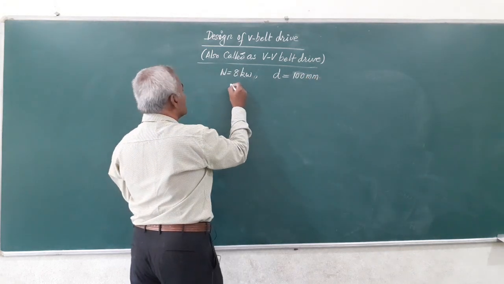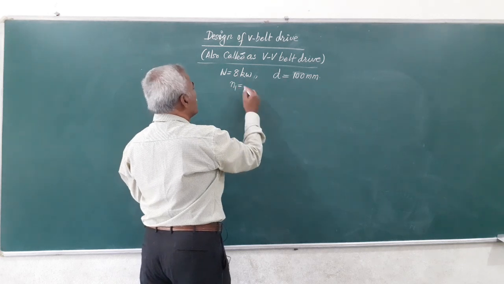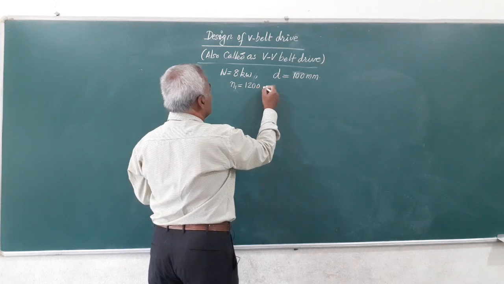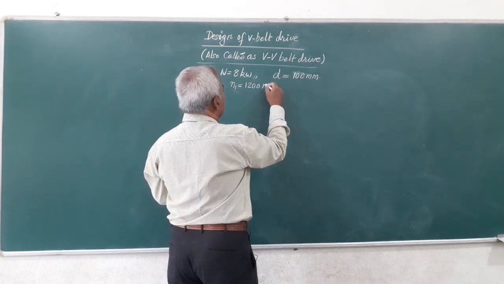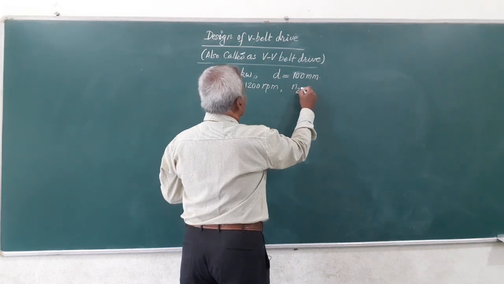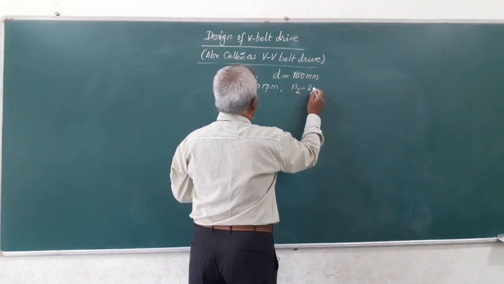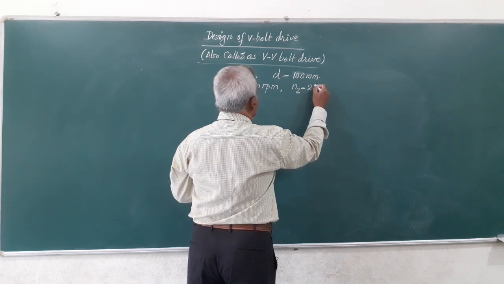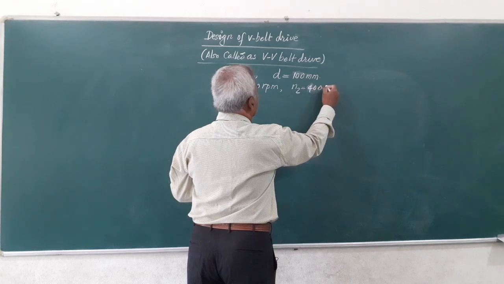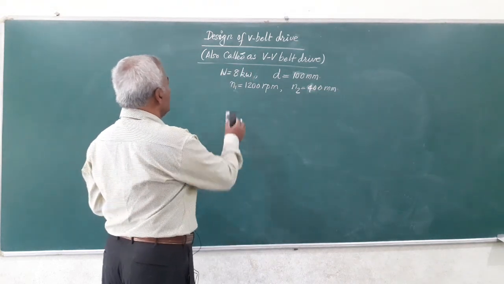And the speed of the smaller one, that I call N1, the driver pulley, is 1200 rpm, and that of the larger pulley N2 is 400 rpm. So this is the data given, friends.